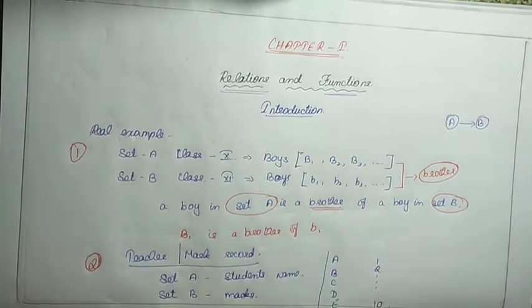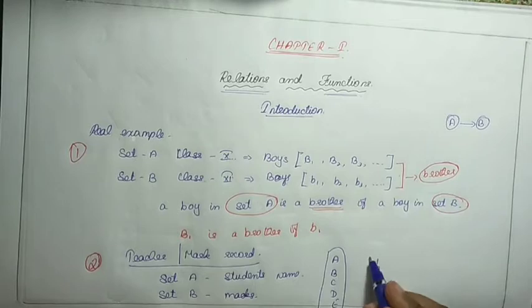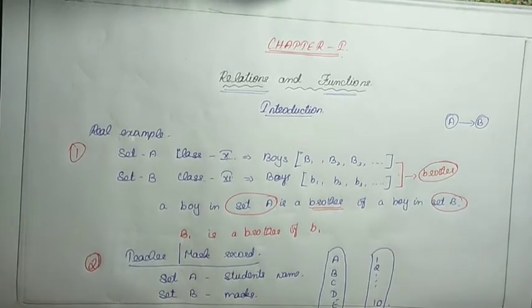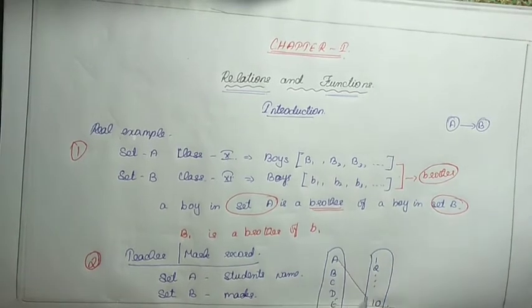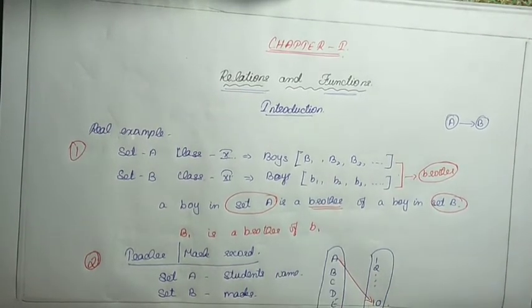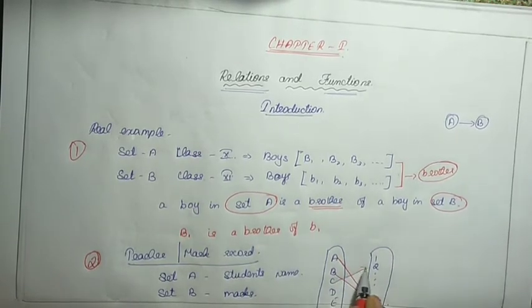Now she is putting these into sets and trying to relate the two. If I say that A has obtained 10 marks, she will be mapping A to 10 marks, and B also to 10 marks, C to 2 marks, D to some other mark.